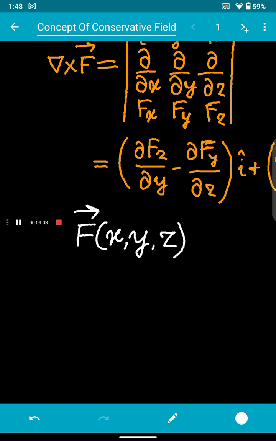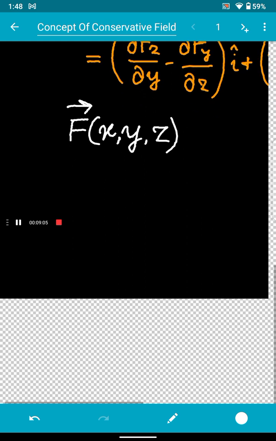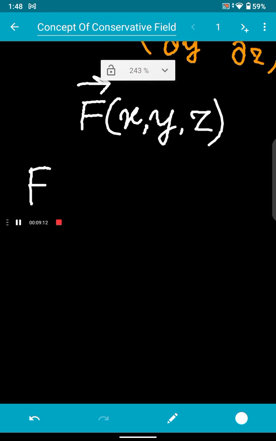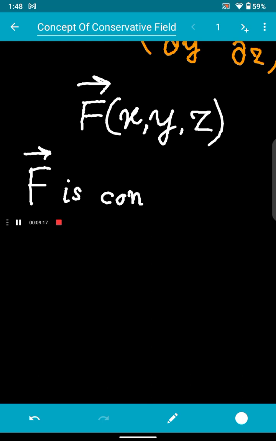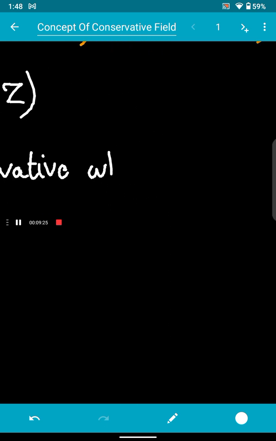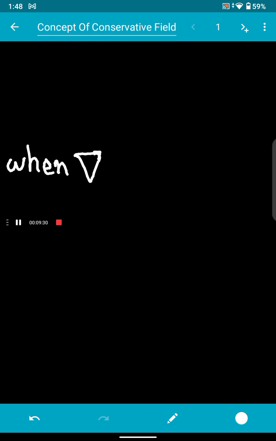For this force, you may say that this force is conservative when curl of f is equal to 0.